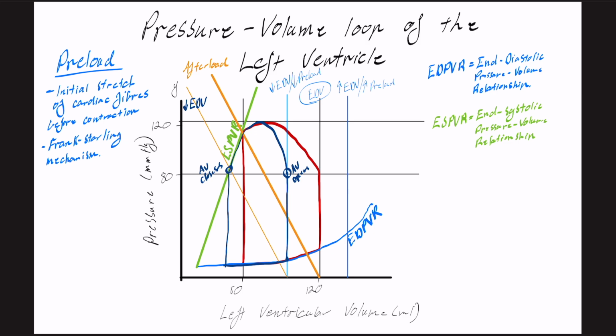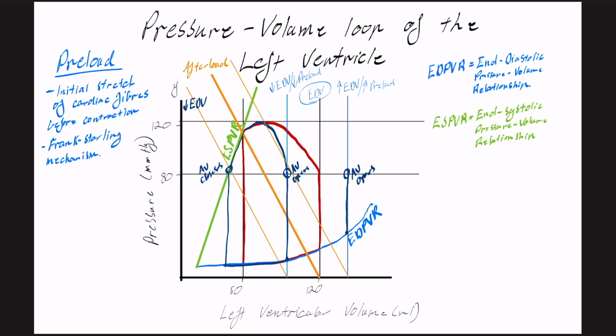And now if we draw it for our increased preload, we can see that at the point where our end diastolic pressure-volume relationship line crosses our end diastolic volume, the ventricle has now commenced its isovolumetric contraction, so pressure builds up at the level of diastolic blood pressure, the aortic valve opens, ejection commences.